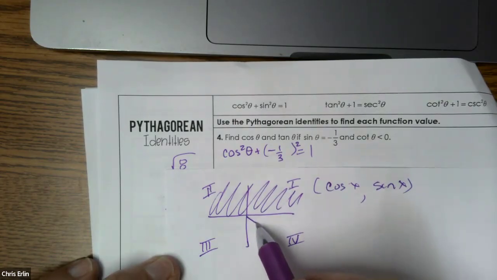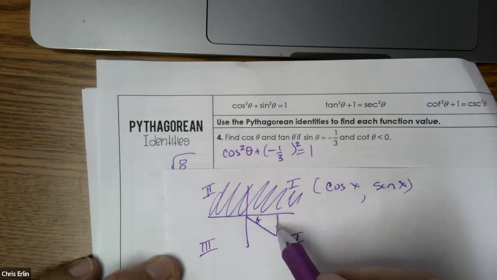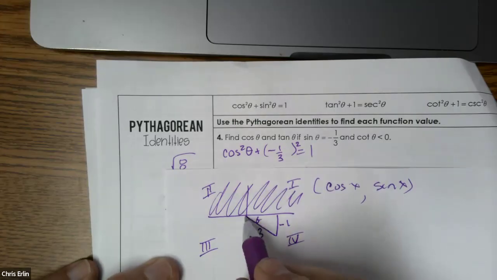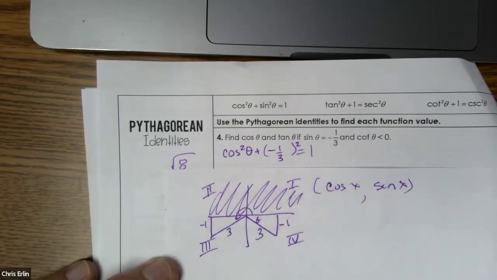I could have it going this way, such that when I take the sine of this angle, I get a -1 divided by 3. Or it could be going this way, where this is my theta, and this is my -1, and this is my 3.